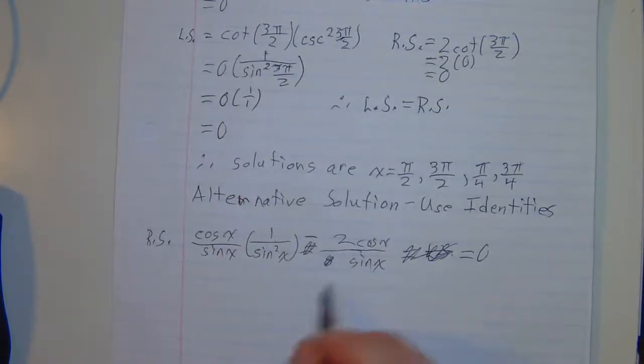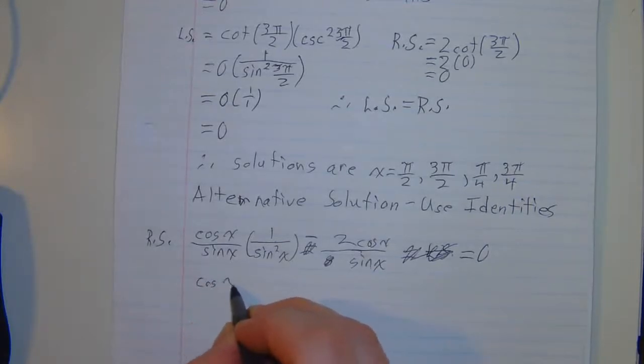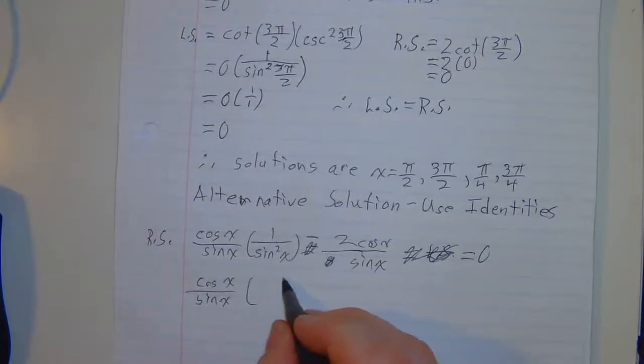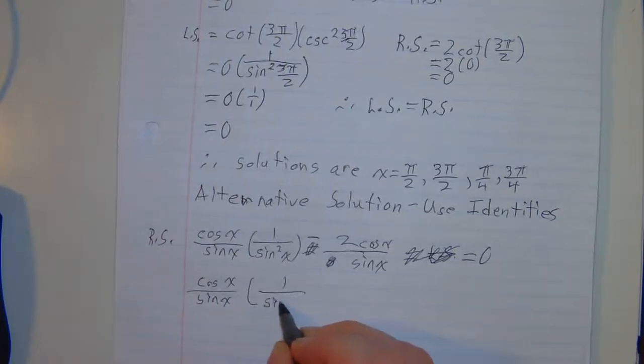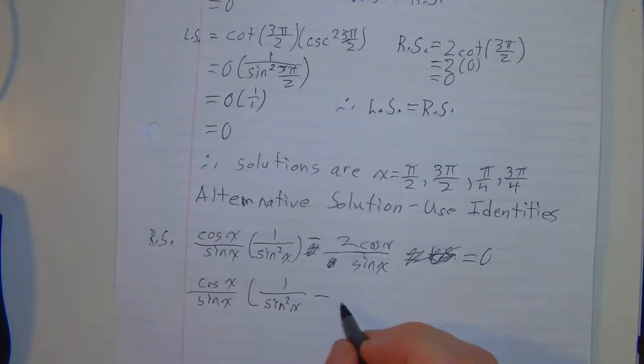All right. So at this point, I can factor out cos x over sine x. And I will get 1 over sine squared x minus 2 equals 0.